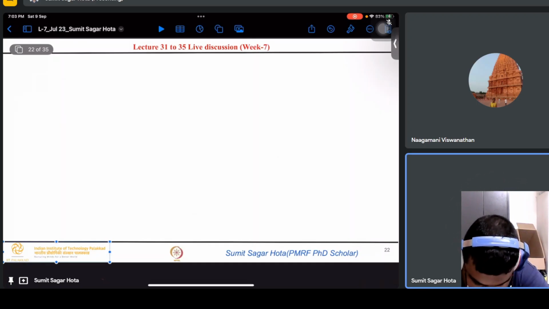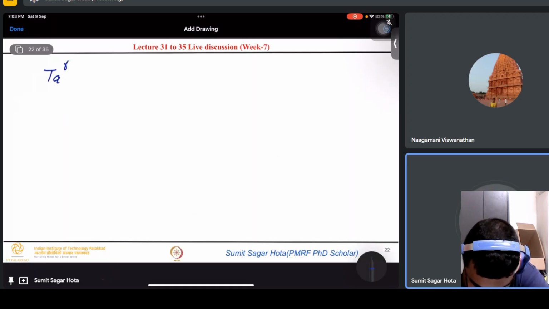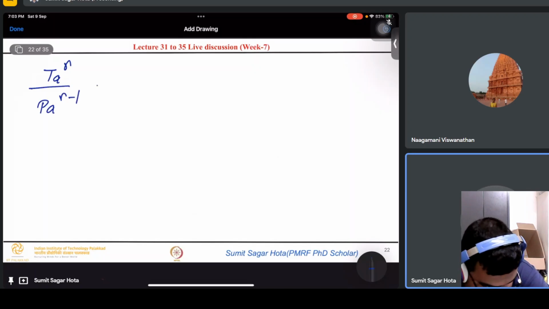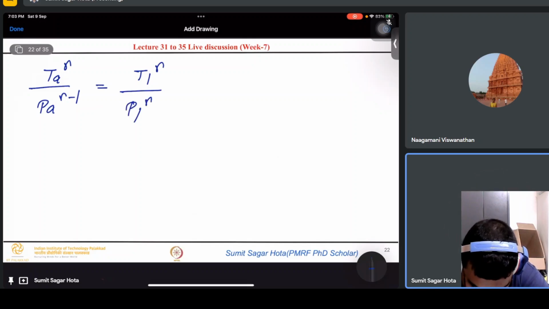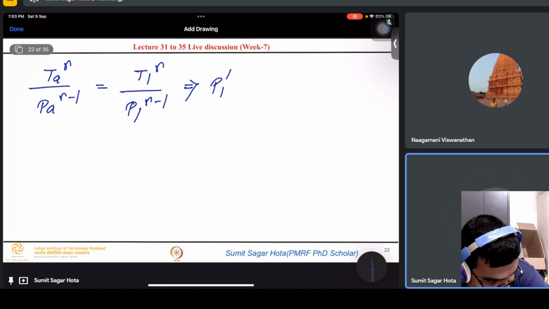So TA to the power gamma over PA to the power gamma minus 1 is equal to T1 to the power gamma over P1 to the power gamma minus 1. So directly write down P1 dash. Sorry, this is P1 dash. So P1 dash is equal to what?